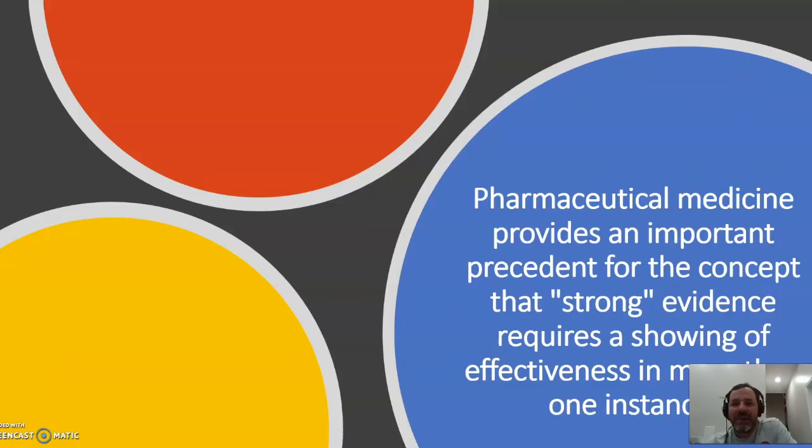Pharmaceutical medicine provides an important precedent for the concept that strong evidence requires a showing of effectiveness more than one instance. Specifically, the FDA, or Food and Drug Administration, usually requires that a new pharmaceutical drug or medical device be shown effective in more than one randomized controlled trial before the FDA will grant it license to be marketed. The FDA's reasons for this policy are similar to all the ones discussed above.